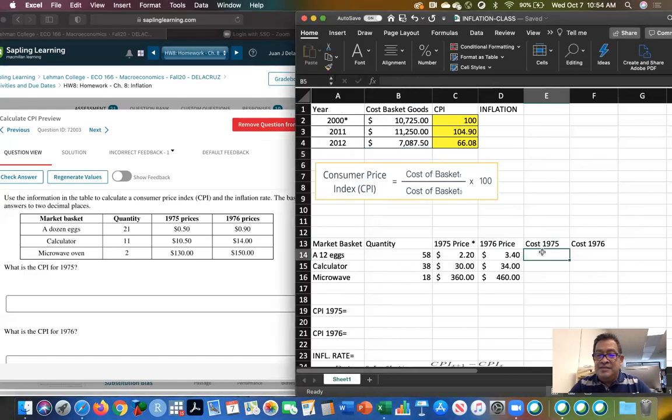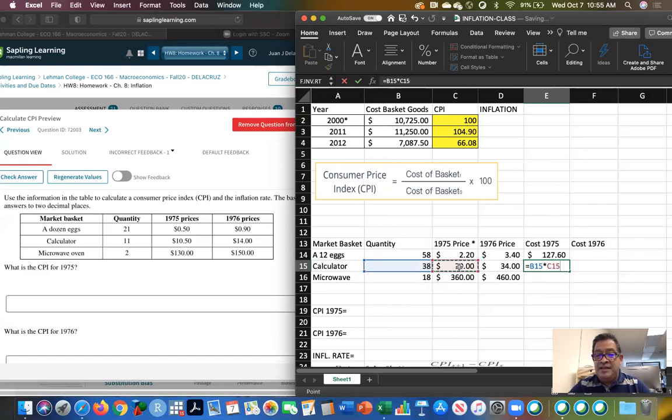So in this case, look very carefully, I'm gonna say equal. I'm gonna multiply 58 times the prices of 1975, right? I'm gonna press return. I'm gonna do exactly the same, 38 times 30, right?